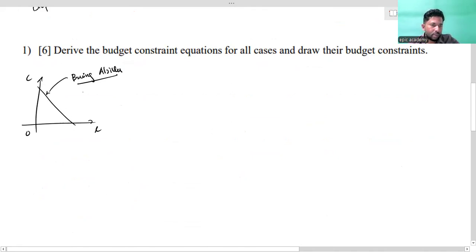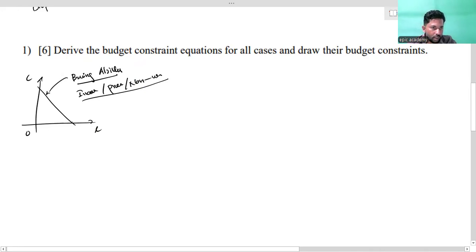This budget line will change if the income changes, if the price of a certain commodity changes, or if the non-wage income changes. Those are the factors you have to identify, which shift the budget line upward or backward.